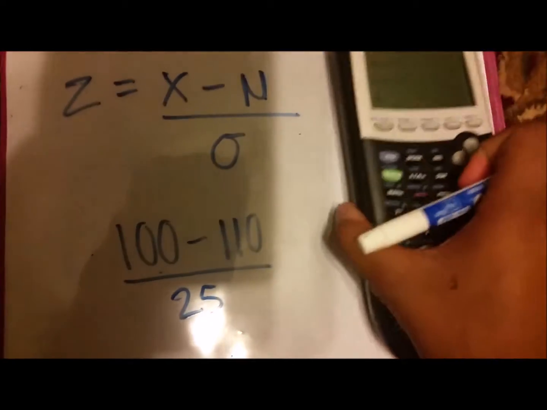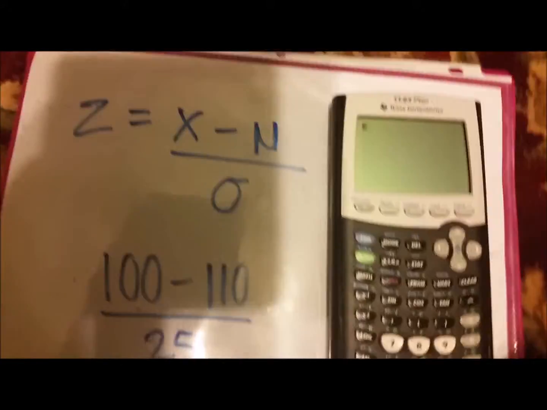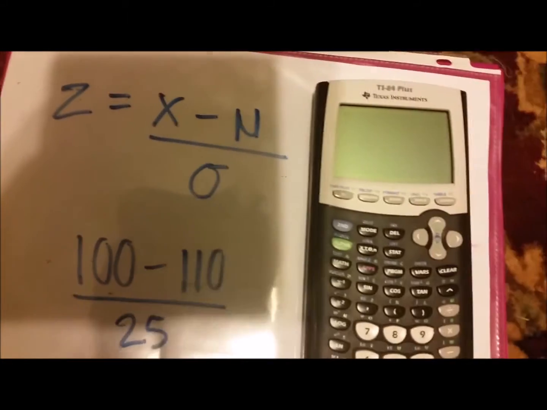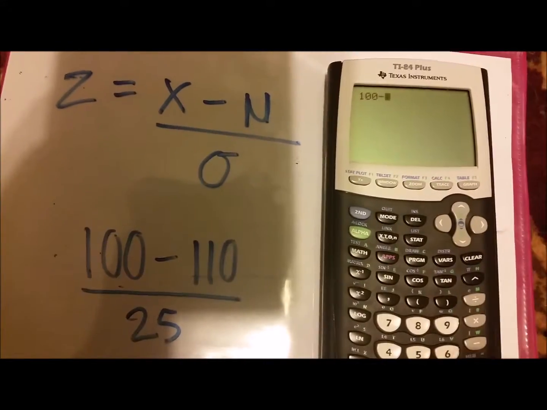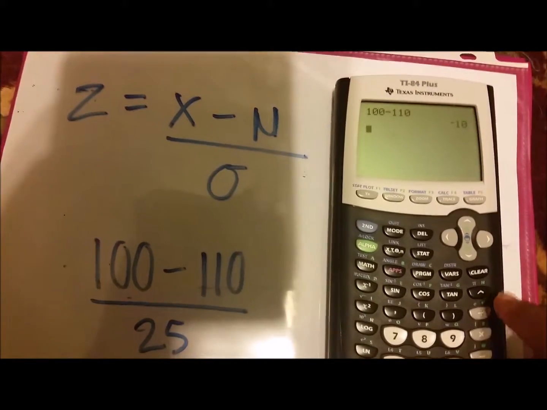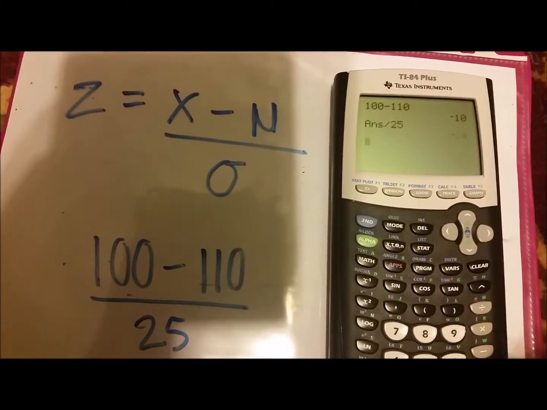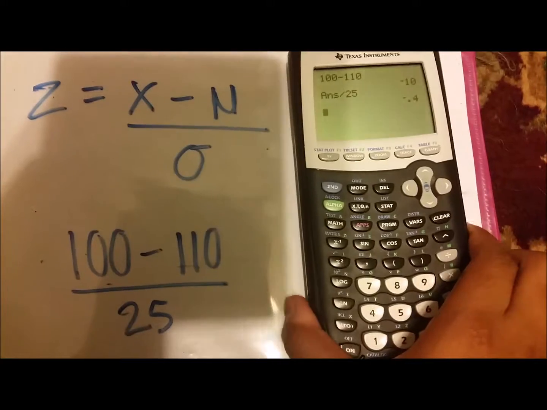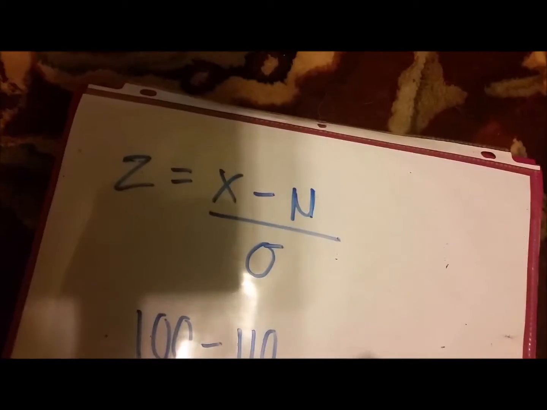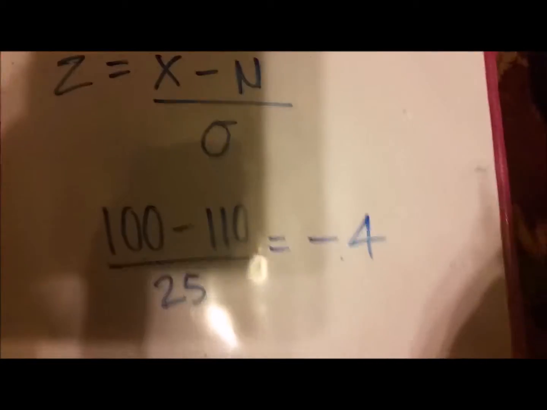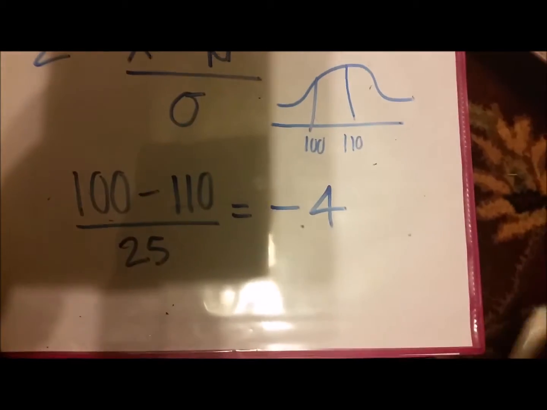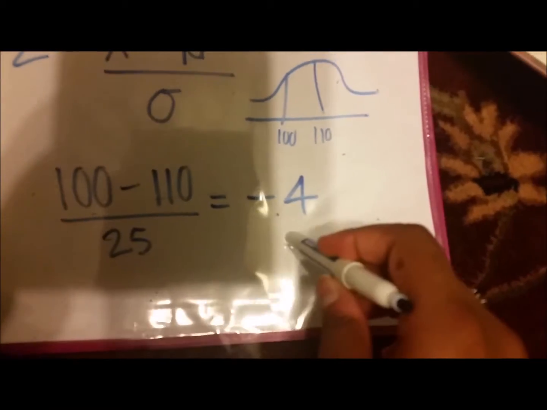Now you can plug that into your calculator or do it by hand, but I'd rather do it by calculator because it's easier and more time efficient. So 100 minus 110 divided by 25 equals negative 0.4. Now with our negative 0.4, we're going to look at our z-score chart and find the number that corresponds with it.